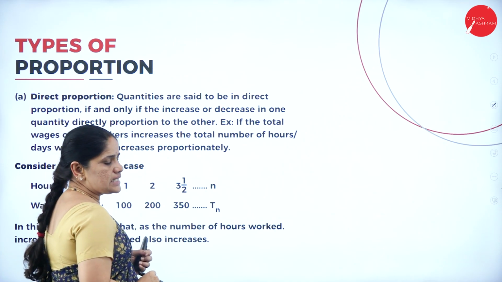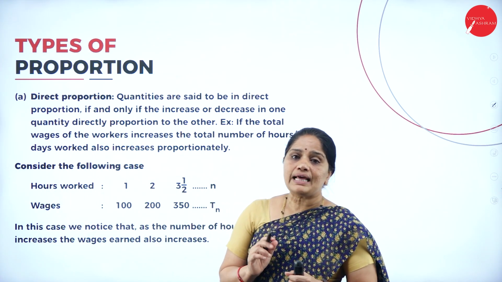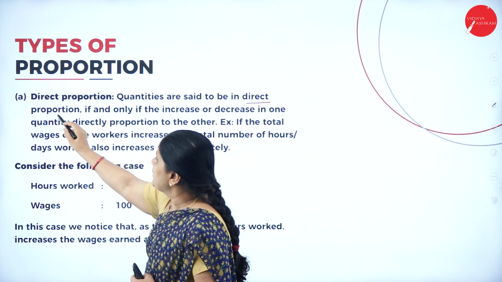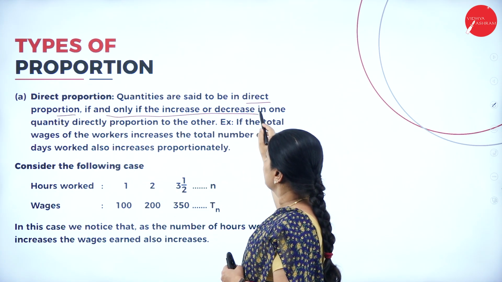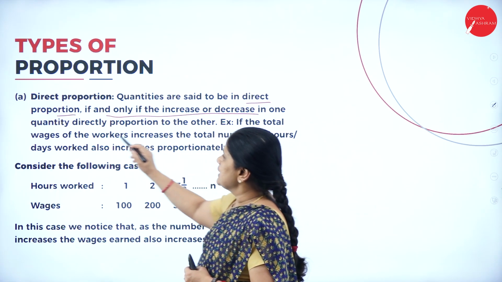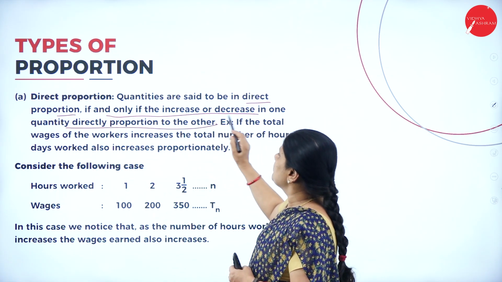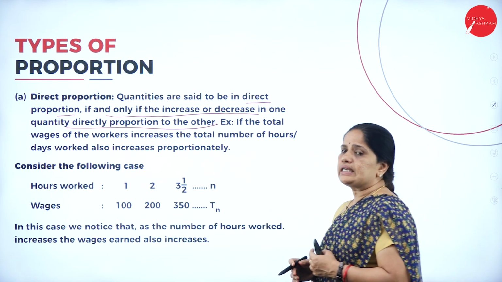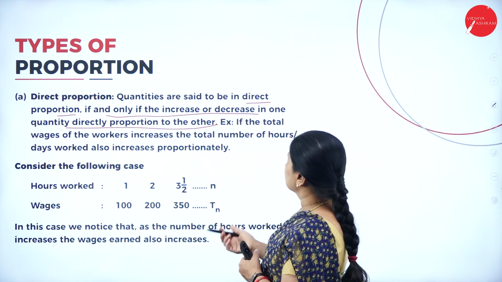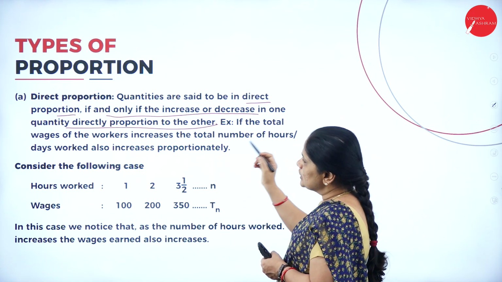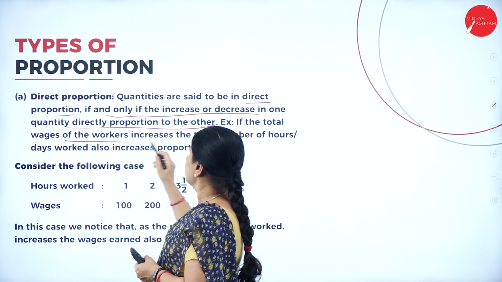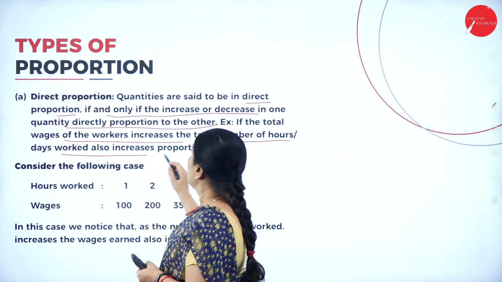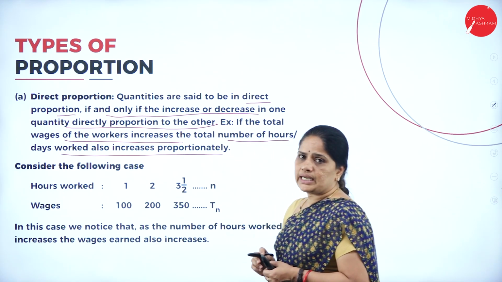Then, let us understand the meaning of direct proportion. Quantities are said to be in direct proportion if and only if an increase or decrease in one quantity causes a proportional increase or decrease in the other. For example, if the total wages of the workers increase, the total number of hours or days worked also increases proportionately.